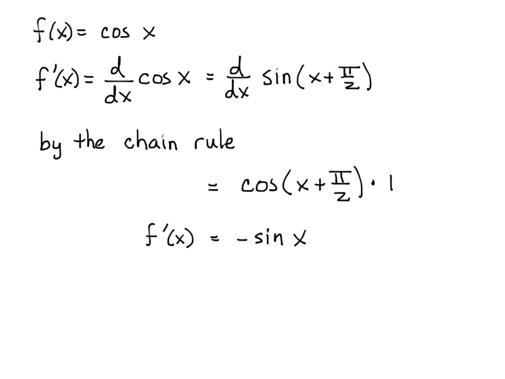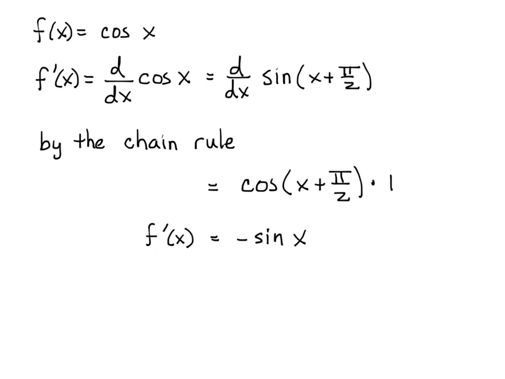If we take successive derivatives, so we take f of x equals the sine of x, then we know that the first derivative is going to be the cosine of x. The second derivative is the derivative of cosine, which is negative sine of x.